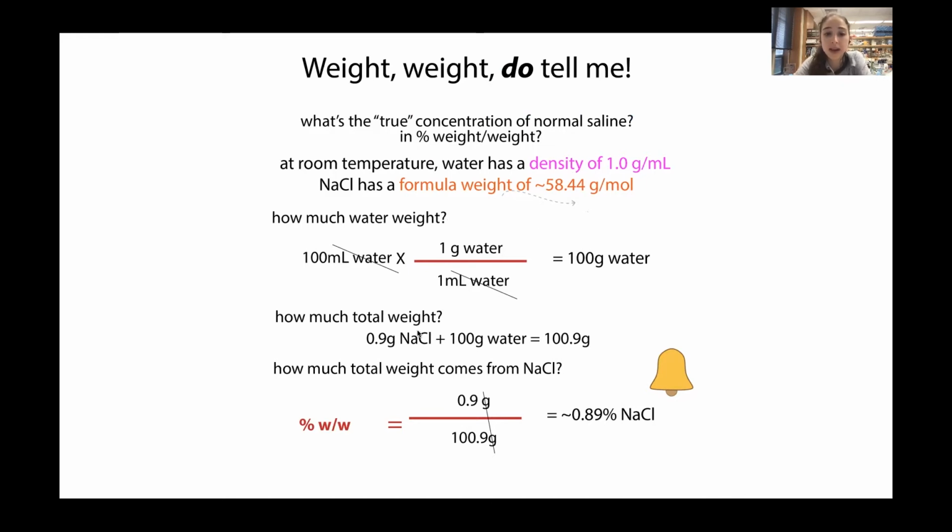But if we add the weight of the NaCl, now we have 100.9 grams total. And how much of that weight is coming from NaCl? We end up with about 0.89% NaCl. So you can roughly estimate it's about 0.9%. And of course, this isn't taking into account whether the NaCl was actually going to increase the volume at all, so we're not going to worry about that. This is just a basic idea.